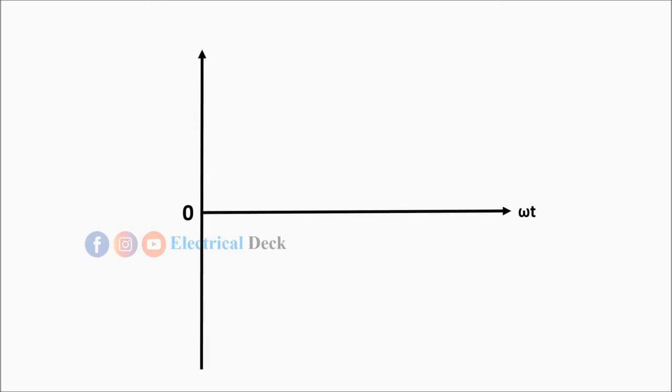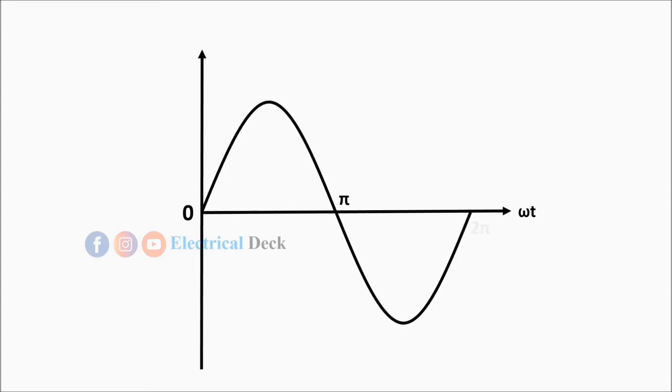Before deriving the equation for EMF induced, it is important to learn about the waveform of an alternating supply. We know that we use a sinusoidal wave for an alternating supply. In a sinusoidal wave, it takes 180 degrees to complete one half of the cycle, that is represented as pi, and it takes 360 degrees to complete one full cycle, that is represented as 2 pi.